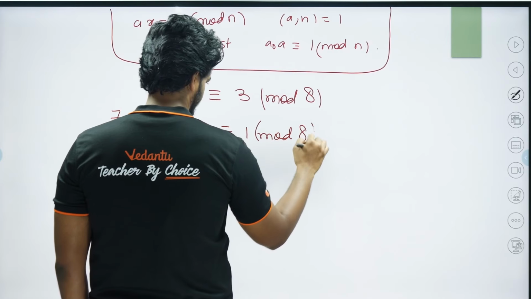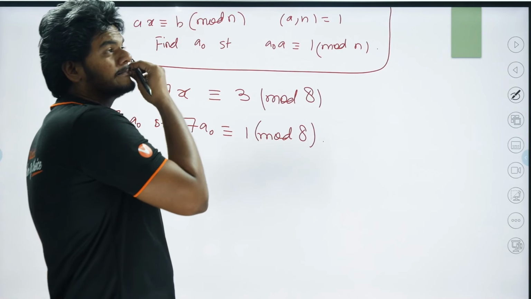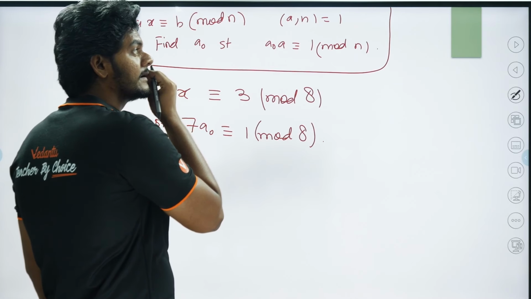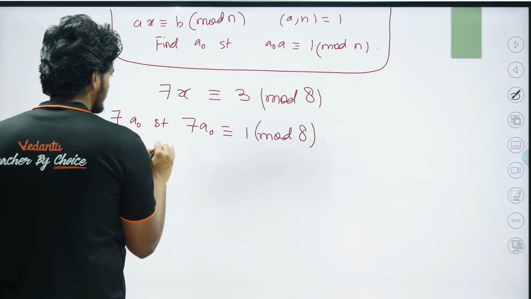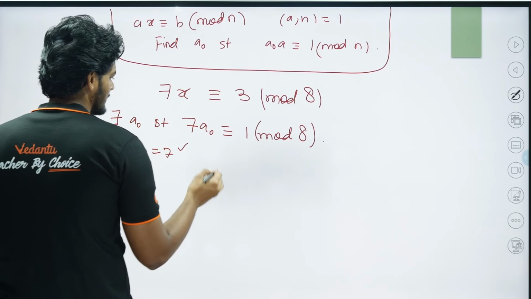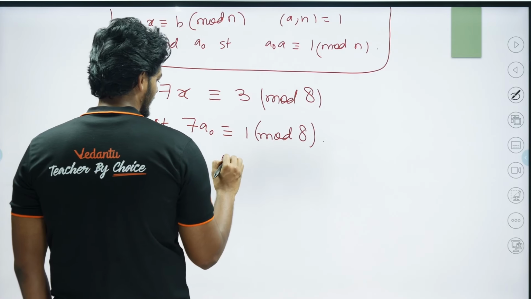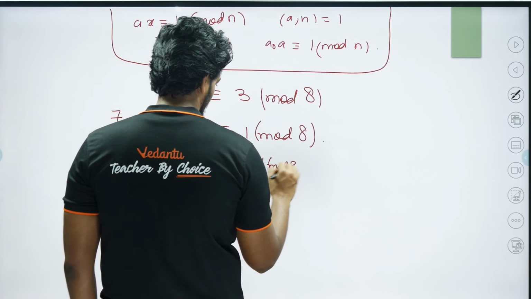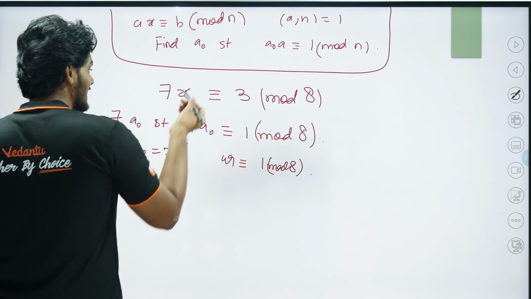Is that possible? Think about it. If I take a naught to be 7 itself, then 7 sevens are 49, which is congruent to 1 mod 8. It works, right? Yeah, that becomes easy. So you see, it is kind of easy.